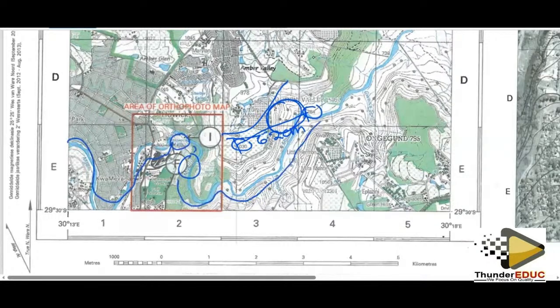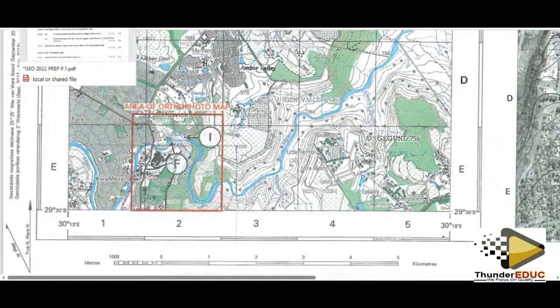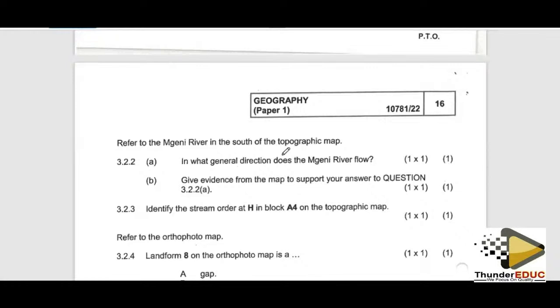All of this is Umgeni River, with another tributary joining it there. Okay, so I erase this for more visibility. Let's go back to the question. It says, in what general direction does the Umgeni River flow?